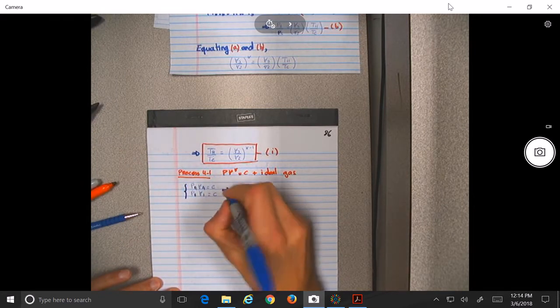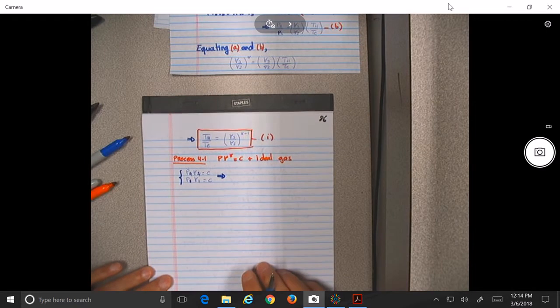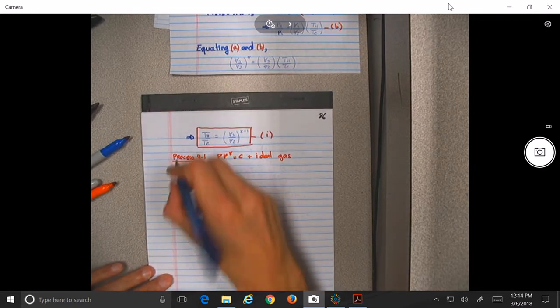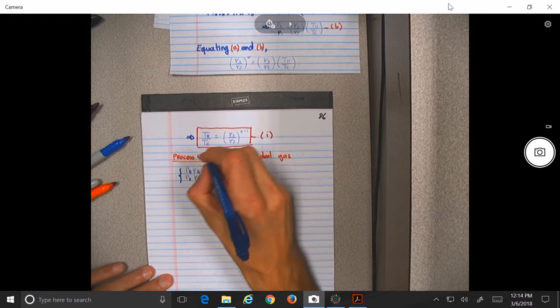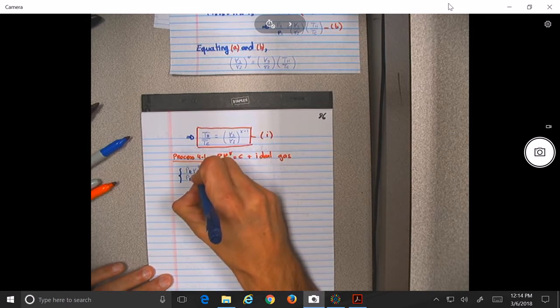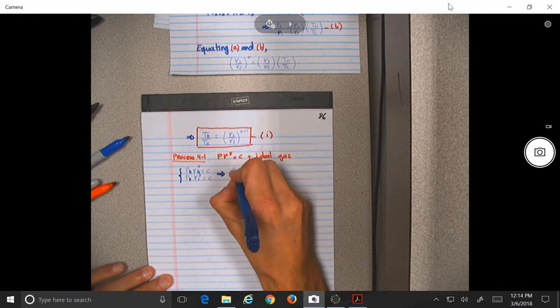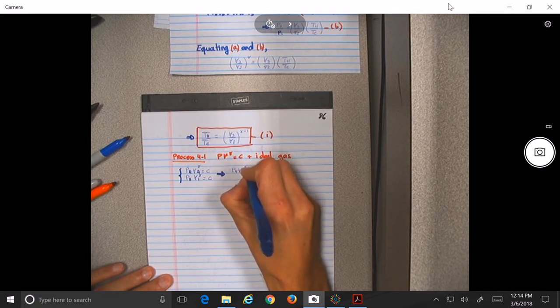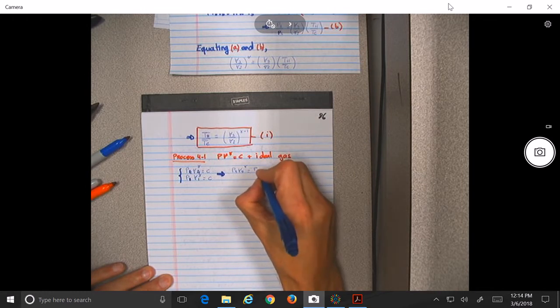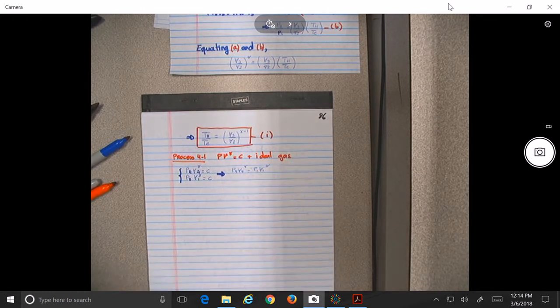So let's do this one first. These are to the gammas, sorry for that. So this gives us P4 V4 to the gamma equal P1 V1 to the gamma. So what do we do, P4 over P1 or P1 over P4?